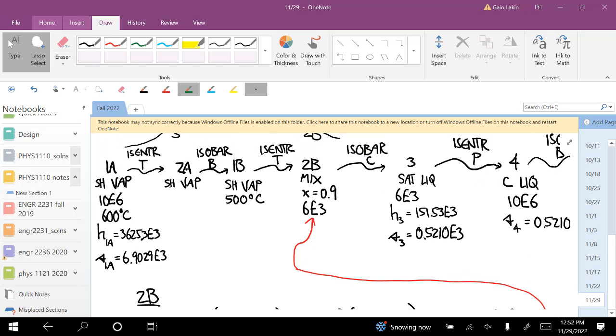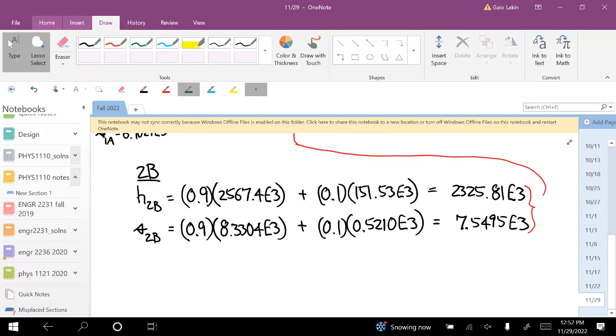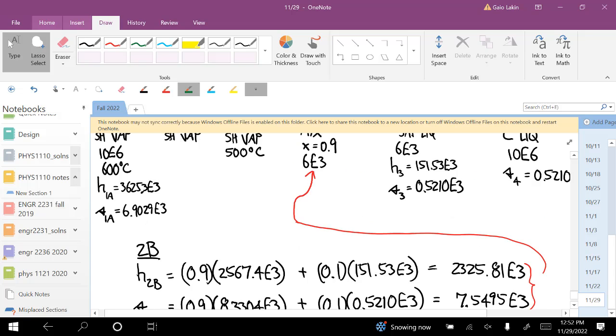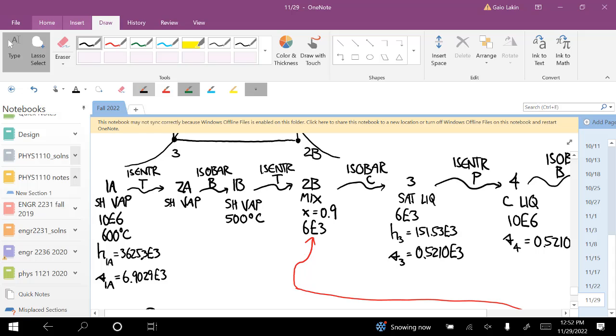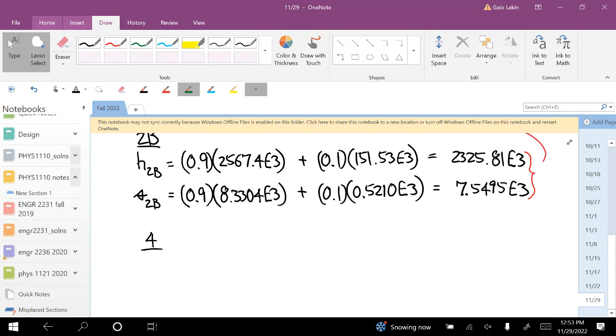We can make the incompressible assumption to calculate the enthalpy at state 4. We almost always do that. You also could use those two properties to do a reverse lookup, but I'm just going to use that H4 is equal to H3 plus specific volume times the quantity pressure at state 4 minus pressure at state 3.